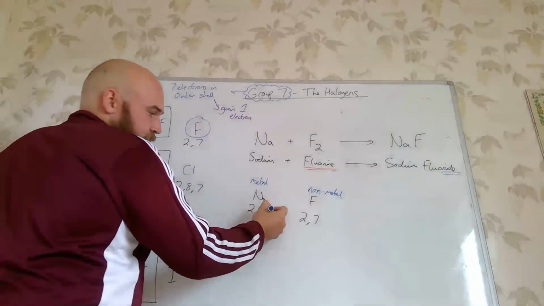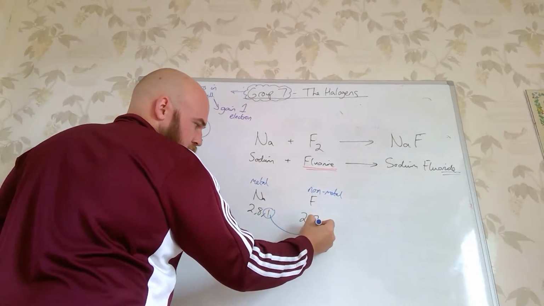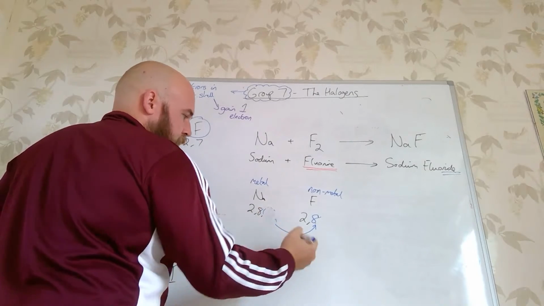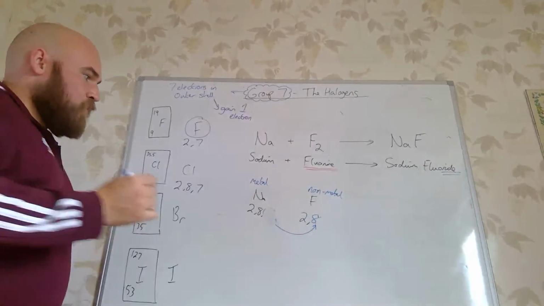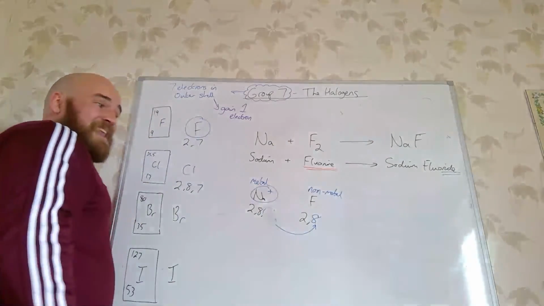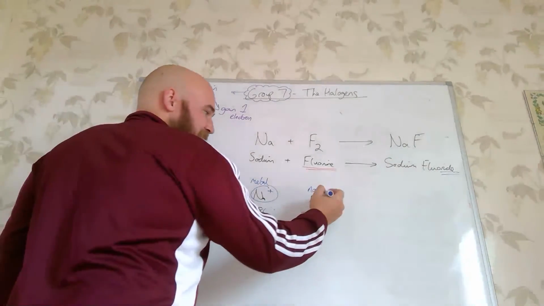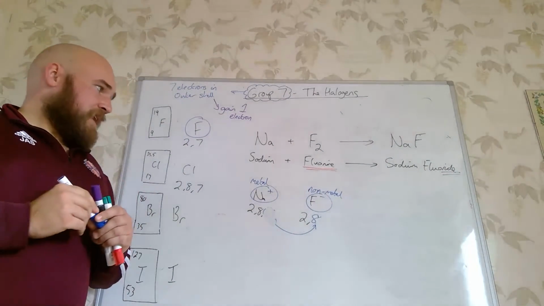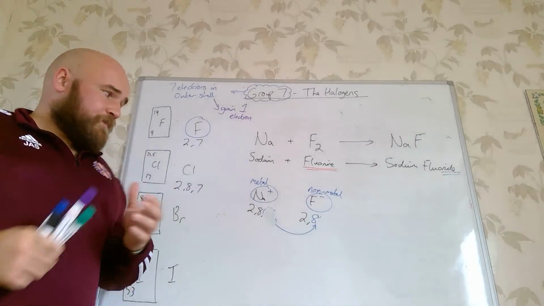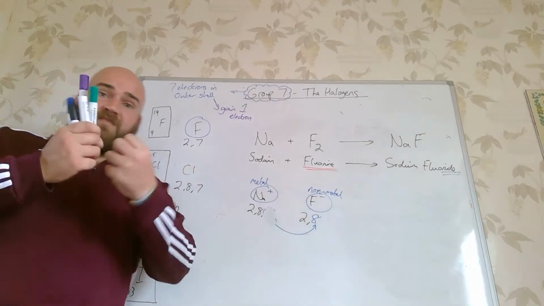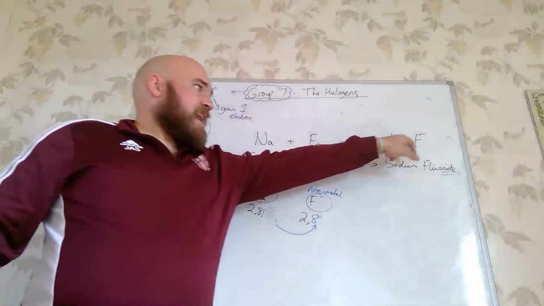So what happens is the metal donates to the non-metal. And then this will become positively charged because it has lost an electron. This will become negatively charged because it has gained an electron. And what would the ratio be of the ions in this compound? +1, -1. They're balanced. So it's NaF.